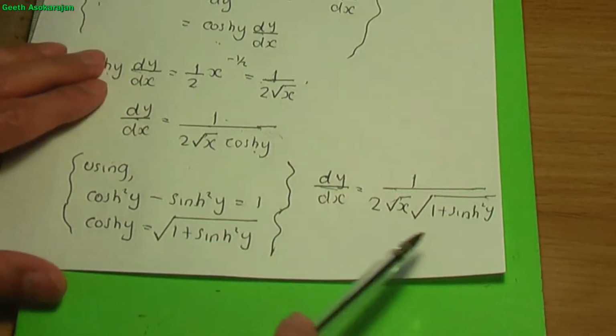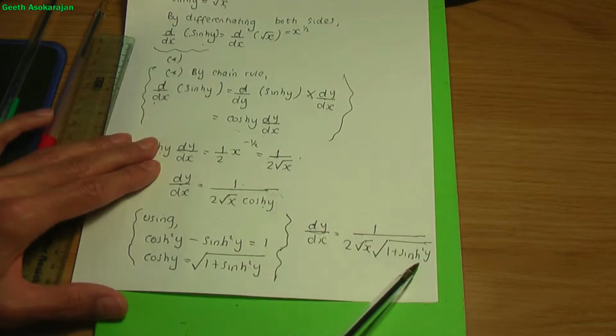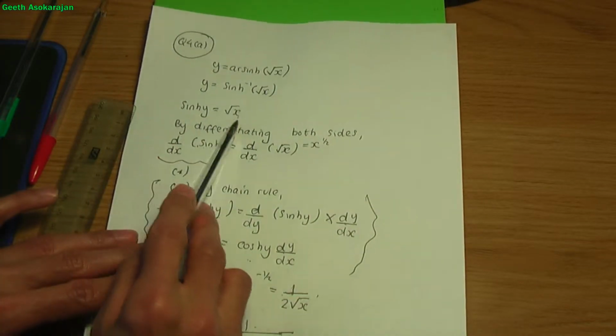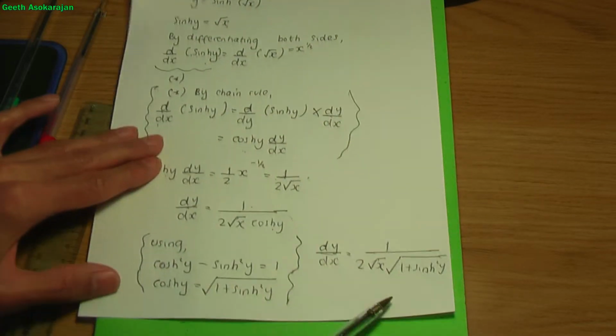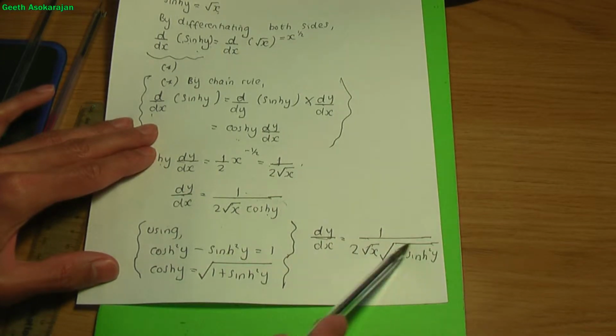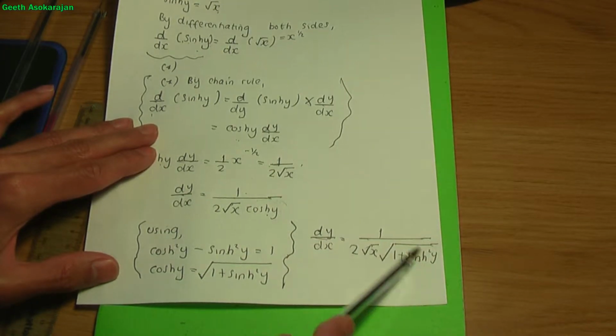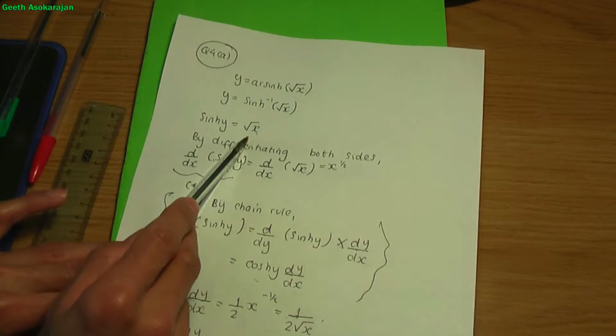Now we're nearly there, because since hyperbolic sine y we can replace by root x, I can therefore rewrite this hyperbolic sine squared y term as x.